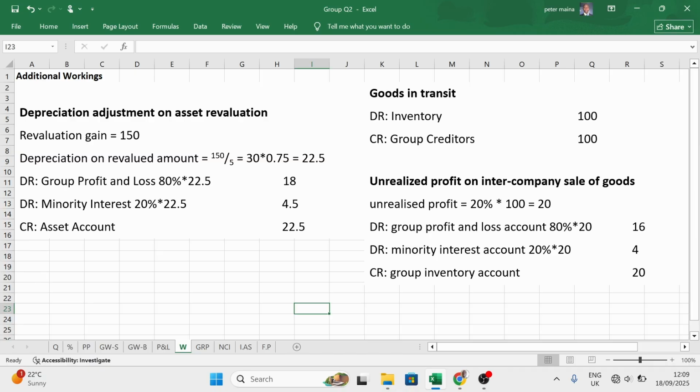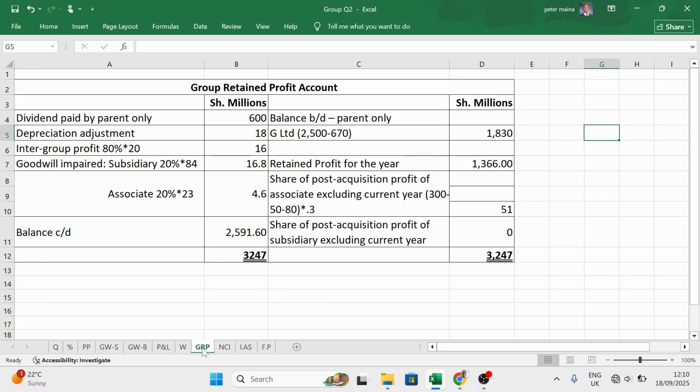So after we have done these workings, now we can go ahead and prepare the retained profit account because these items are going to be adjusted there. Anytime we say debit group profit and loss, it means these items will be reflected in the group retained profit account.